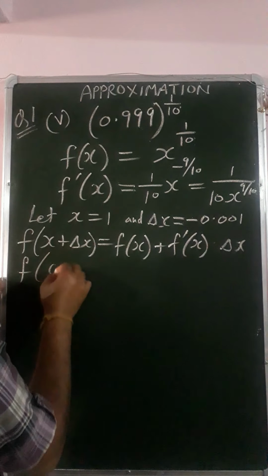Now this becomes 0.999 raised to the power 1 by 10. It is equal to f of 1, means 1 raised to power 1 by 10, plus this is 1 over 10 into 1 raised to the power 9 by 10 and into 0.001, right? So when you simplify, this is 1, this is 1 over 10, this is minus 0.001, right?